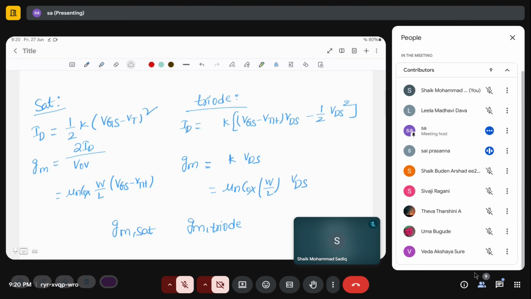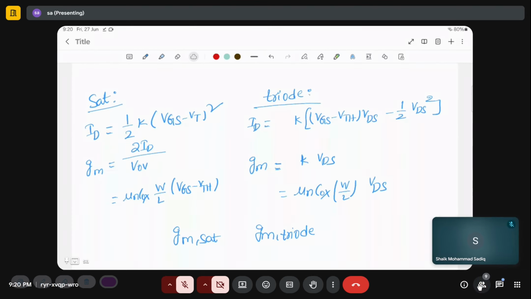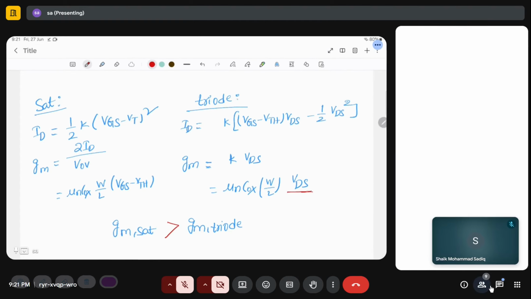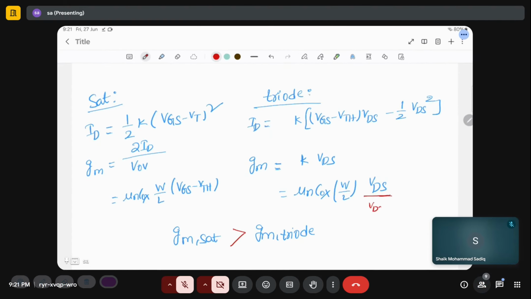Come on. gm saturation should be greater than gm triode. Why? For triode region, VDS should be less than VGS minus VTH. Here this VDS is less than this value, VGS minus VT.